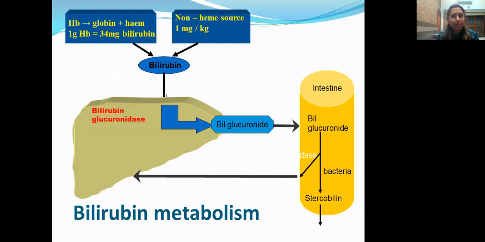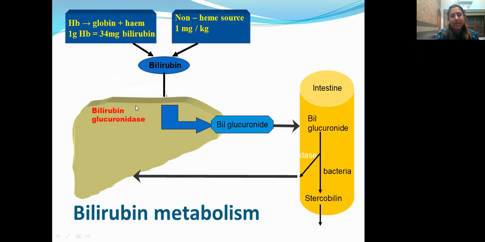In the liver, it has to be taken up by the hepatocytes. But at this step, where the bilirubin has to be taken up by the hepatocytes, something called a ligandin receptor comes into play. And this receptor is extremely important for the uptake of the bilirubin into the hepatocytes. Now, once the bilirubin is taken up by the hepatocytes, it will undergo the process of conjugation.